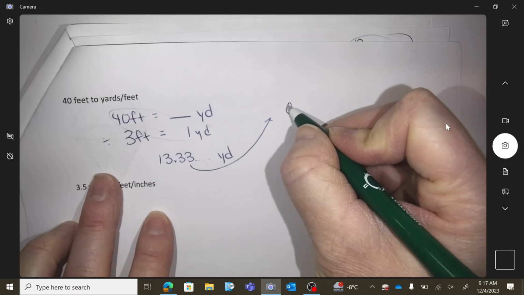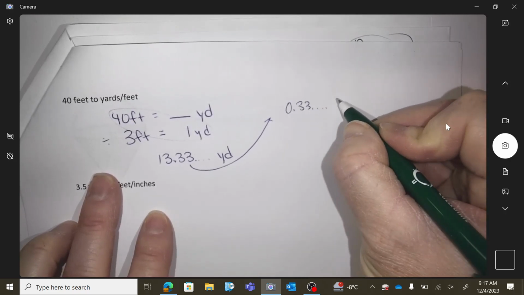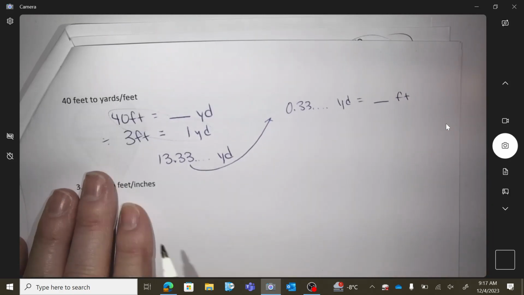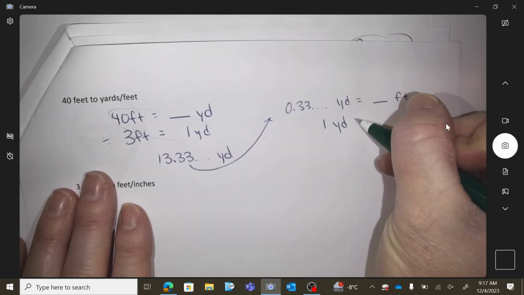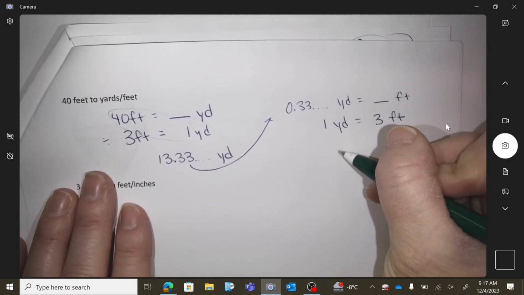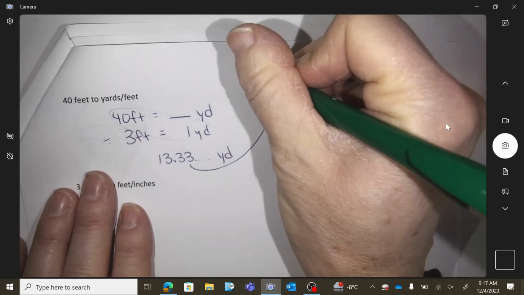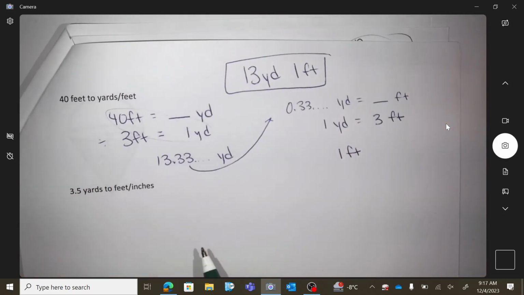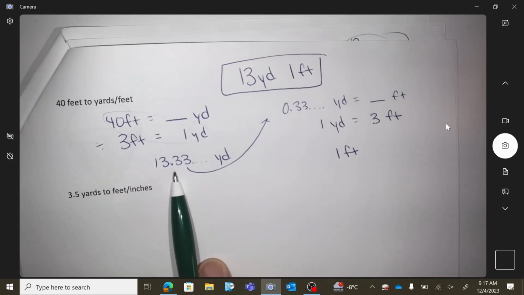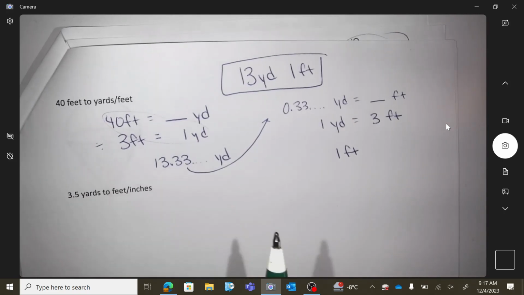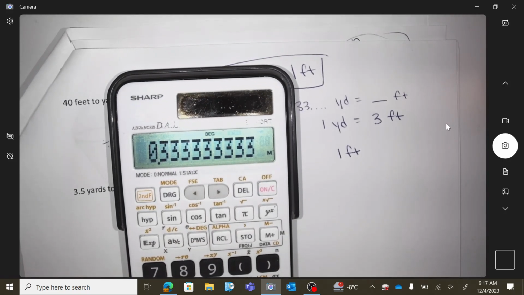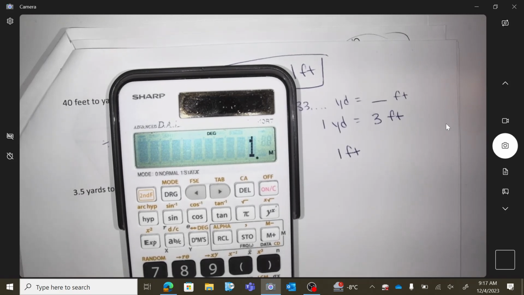So then I take the decimal part of it, and then I take that back to feet at the end. So again, in my calculator, when I have the 13.33333, I just take off the whole number and then convert the decimal part.